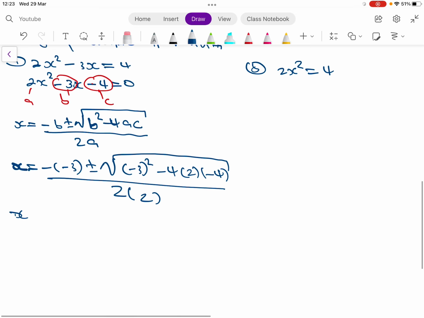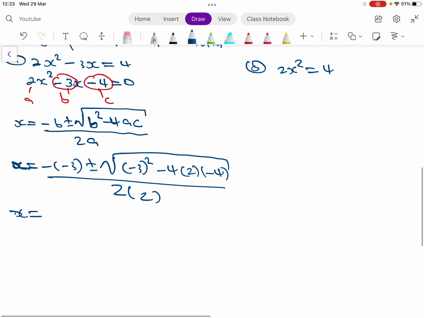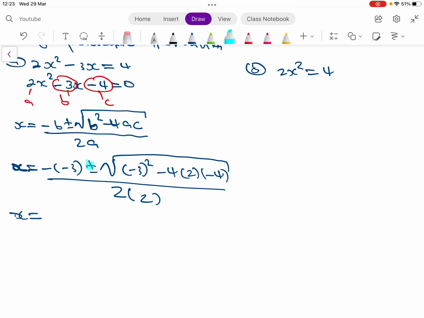Now put everything on a calculator. You'd realize that for the answers, first you start with a plus sign, then you do the same substitution with a negative sign there. You will see that the two answers you get are 2.35, or x equals negative 0.85.